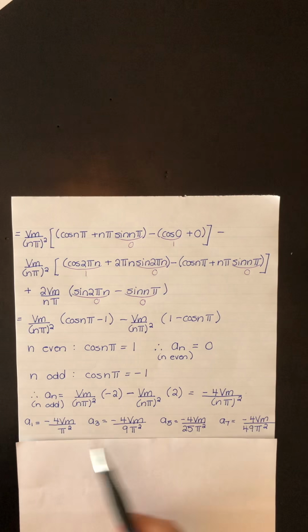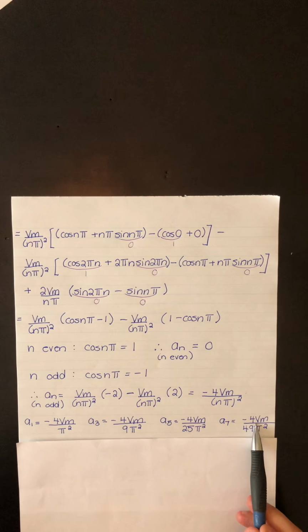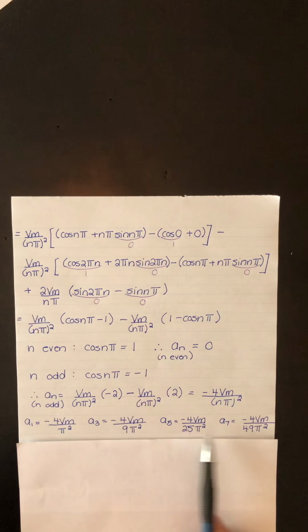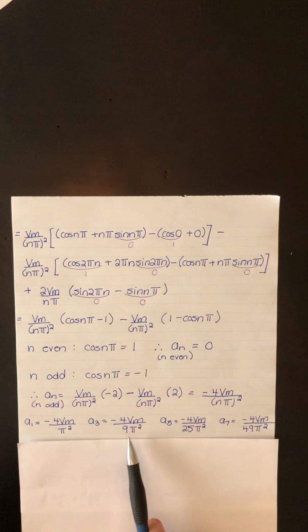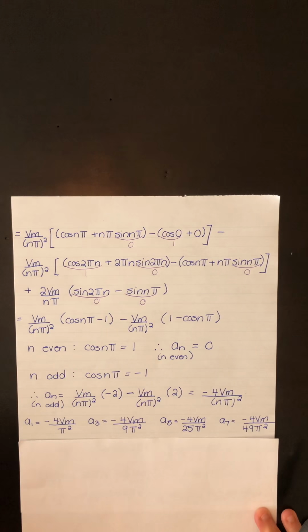So then I substituted some odd numbers. I substituted 1, 3, 5, and 7. So of course that means here, 1, 3, 5, and 7. So you would get the following coefficients. And then at this point, you could write out your Fourier series.